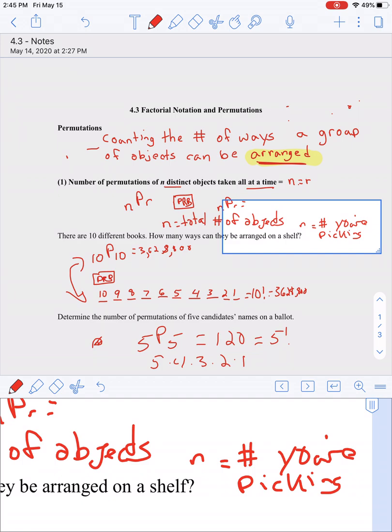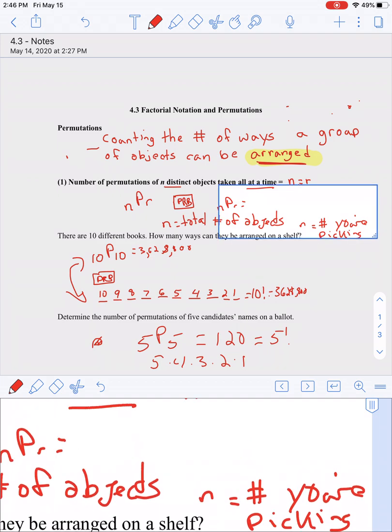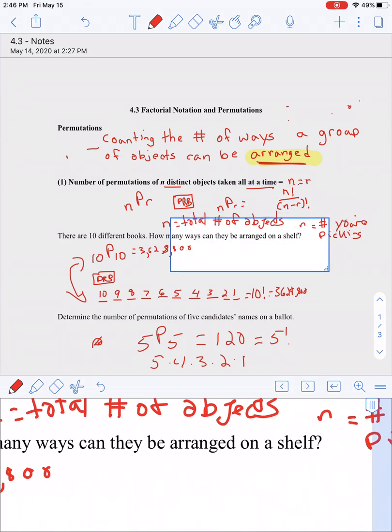So your total number is 20, your r value is 6, so it'd be 20P6. And the formula, just in case you want to know how it really works, is you take your total amount, n factorial divided by (n minus r) factorial. And you can use this formula on your calculator, it'll work just fine. Or, hear me out, you can use your calculator to do it for you.